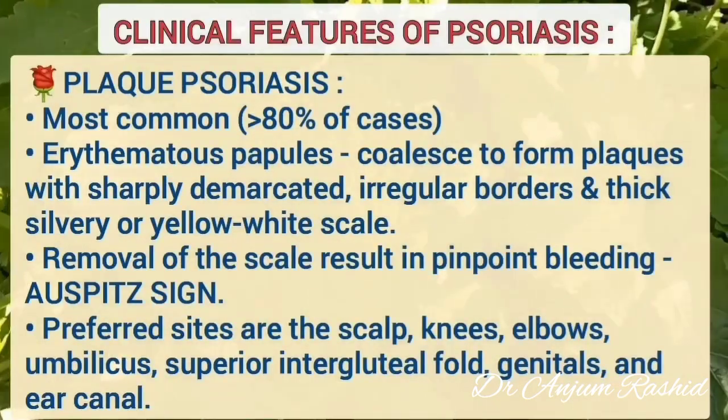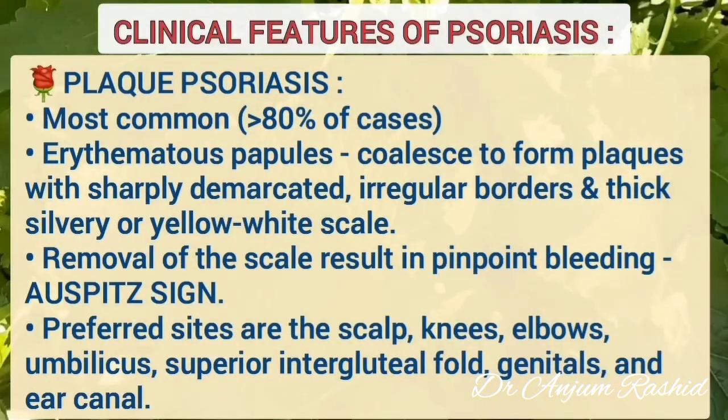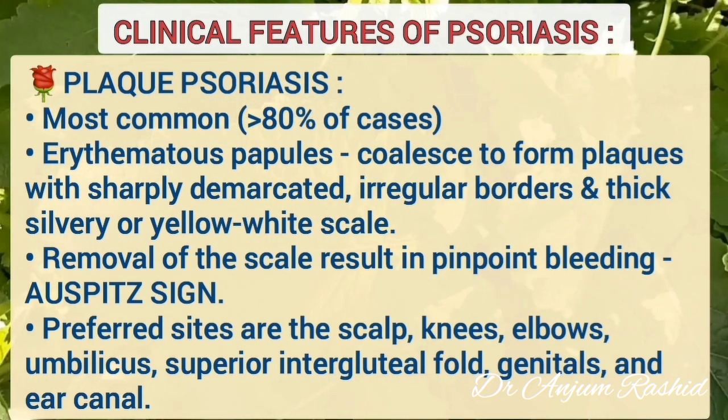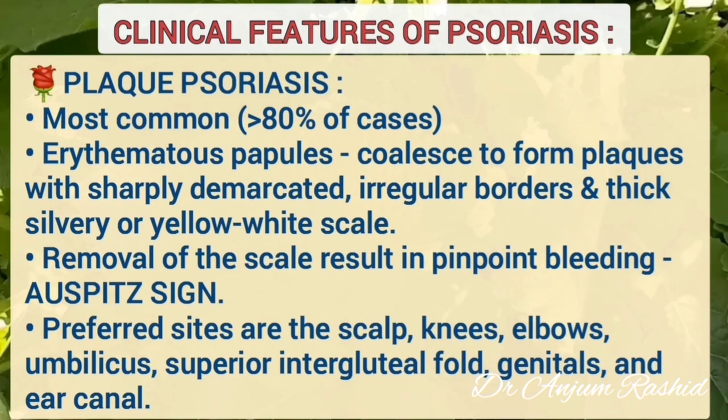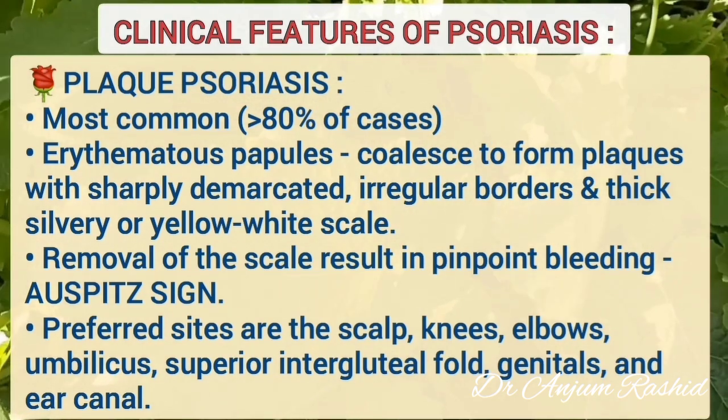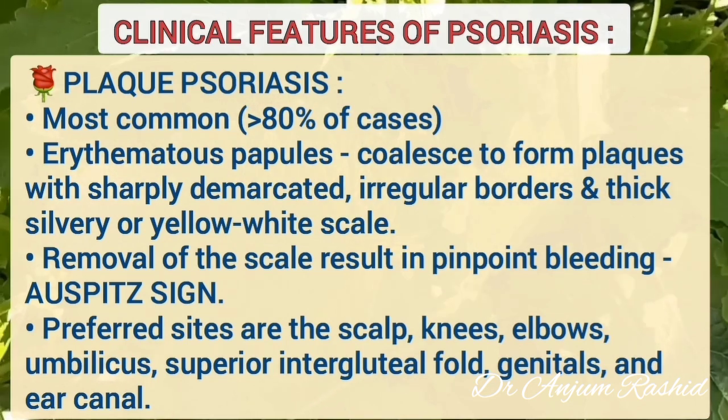In children, plaque psoriasis is most common, which occurs in more than 80% of cases. These occur in form of erythematous papules, which coalesce to form plaques with sharply demarcated irregular borders and thick silvery or yellow-white scales. Now, removal of this scale results in pinpoint bleeding. This is known as Auspitz sign.